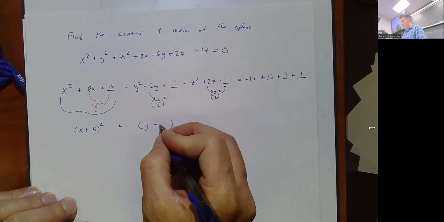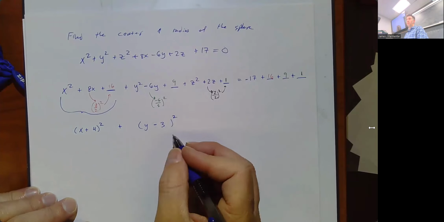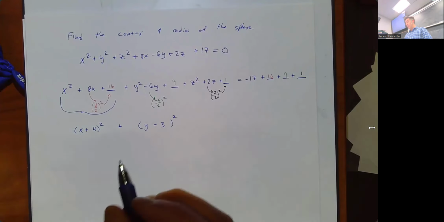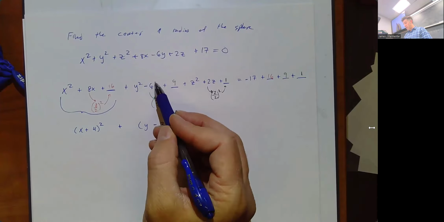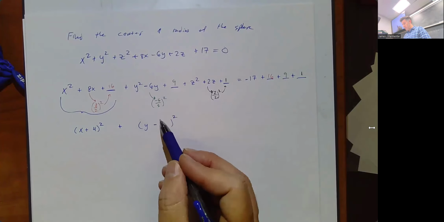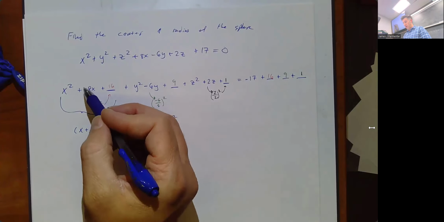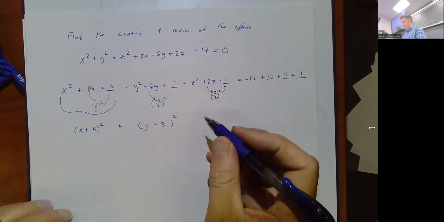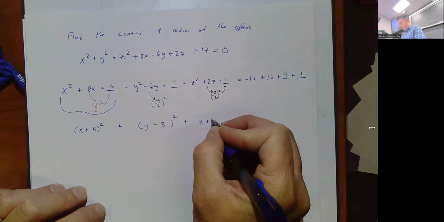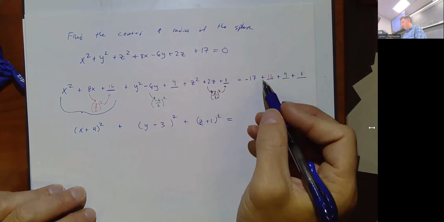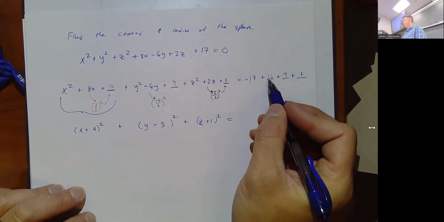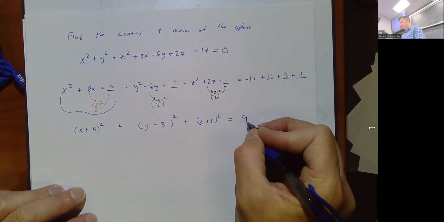Minus 3. It's got to be a minus 3 because when you do y minus 3 squared, you get y minus 3 times y minus 3, and you need a negative 6y in the middle. So if this sign is negative here, that sign has to be negative there. If the sign is positive here, that has to be positive there. And lastly, we have z plus 1 squared equal to negative 17 plus 16 is negative 1, plus 9 is 8, plus 1 is 9.